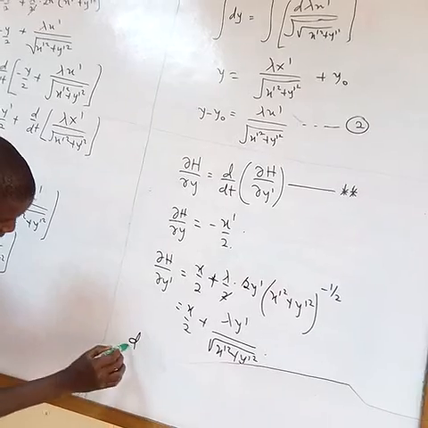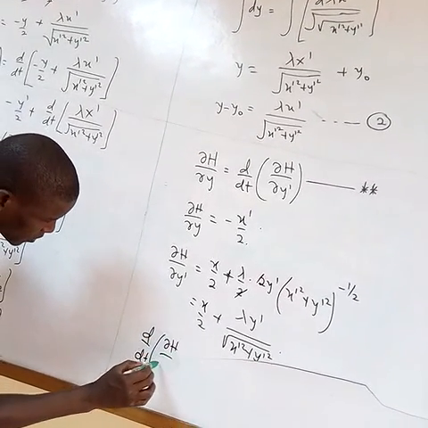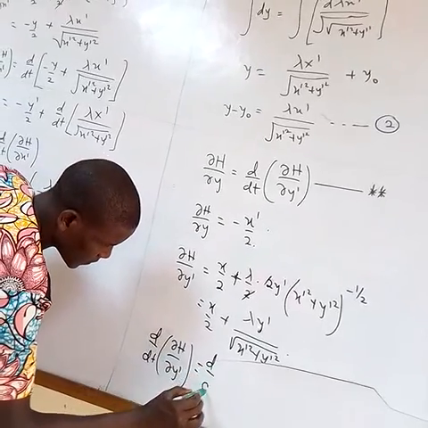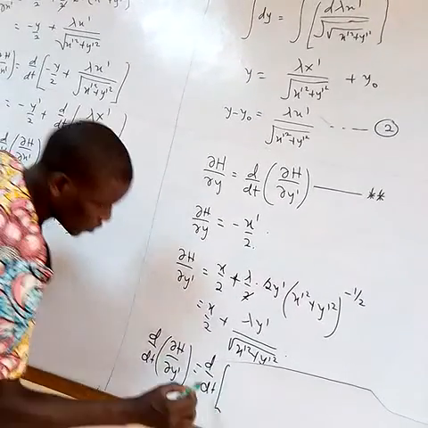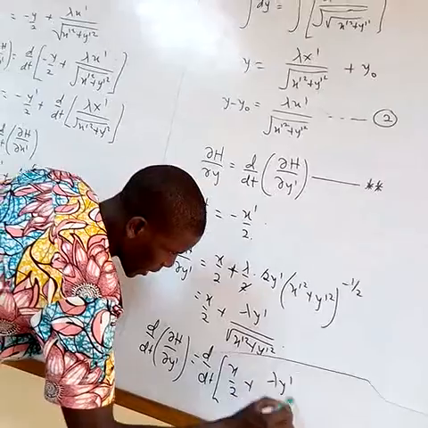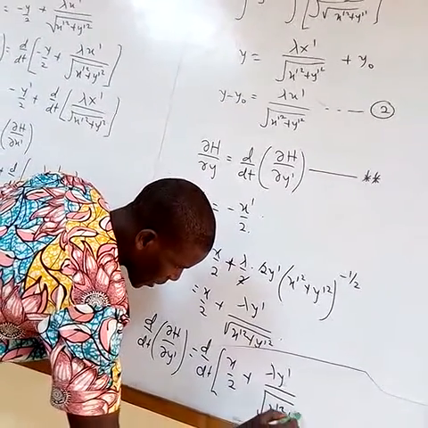So what is d dt of partial h, partial y prime, which is equal to d dt into x over 2 plus lambda y prime against square root of x prime squared plus y prime squared.